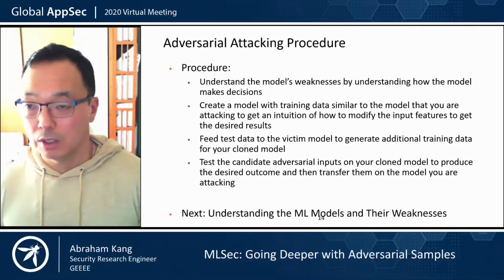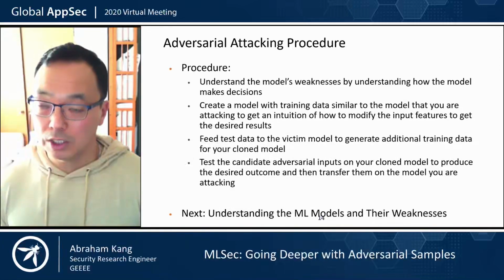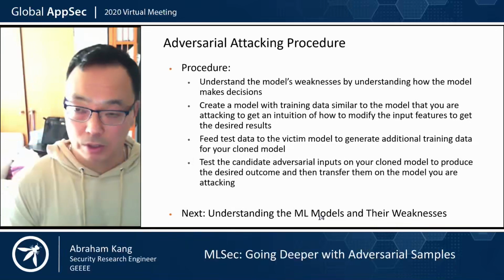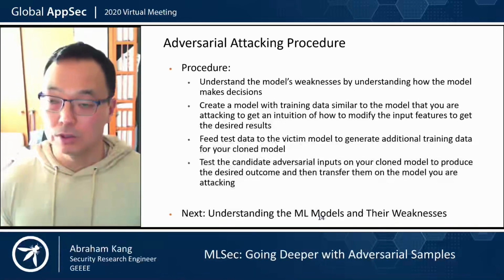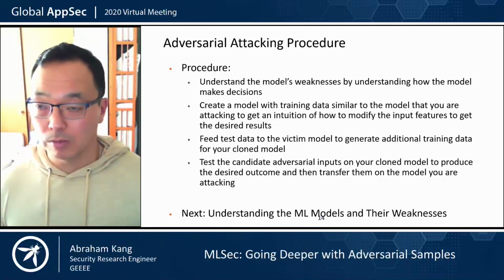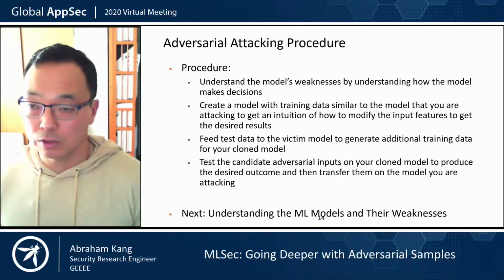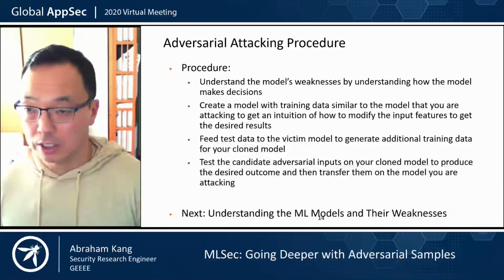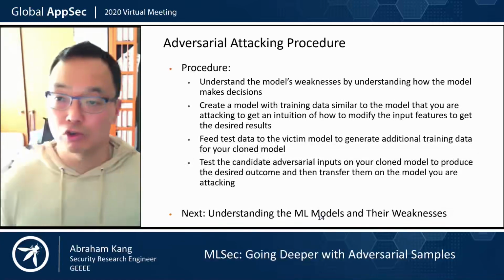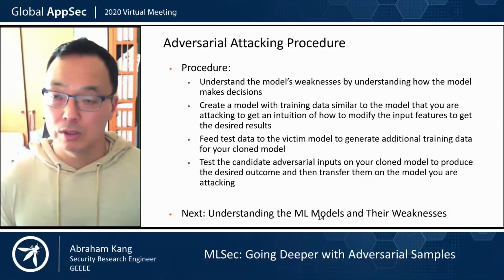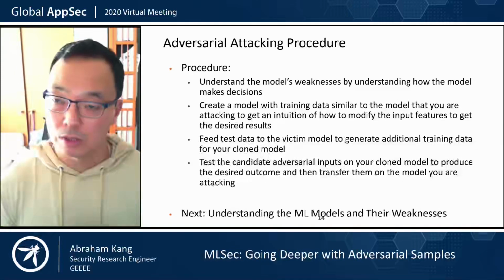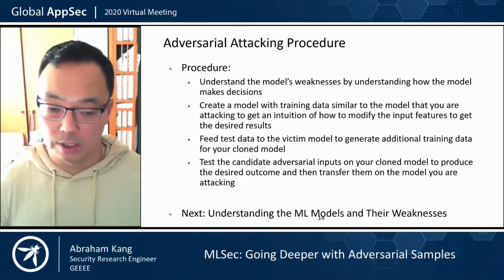And you can even supplement your model's training data by actually feeding inputs and looking at the outputs on the victim model to fine-tune your model. Once you have a cloned model, you can create adversarial samples with white box techniques and they will transfer because both models have learned the same or similar decision boundaries from the training data.